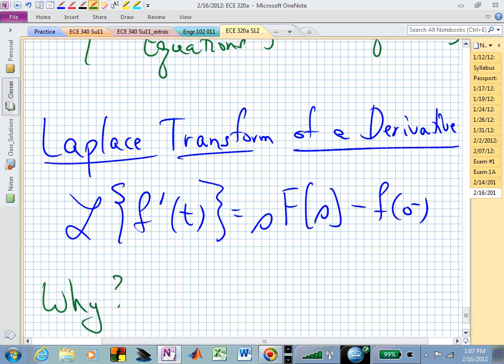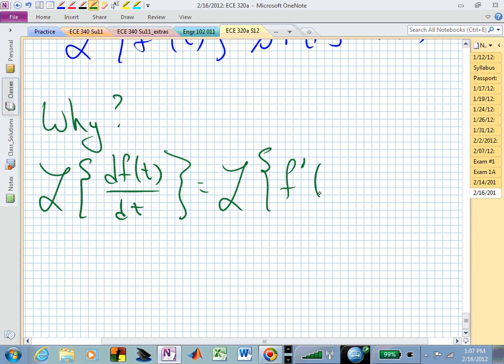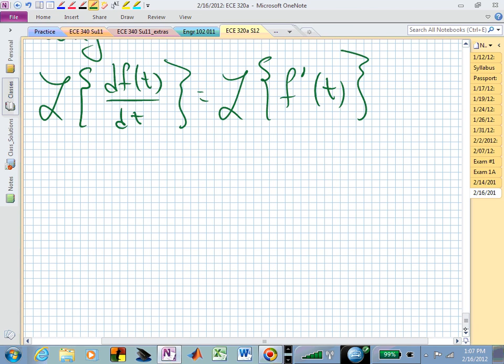Why is that the case? Now let's look at what happens when we Laplace transform the derivative of a time domain waveform f of t. By definition of the Laplace transform, that's this integral from t equals 0 minus up to infinity of f prime of t weighted by e to the minus st dt.